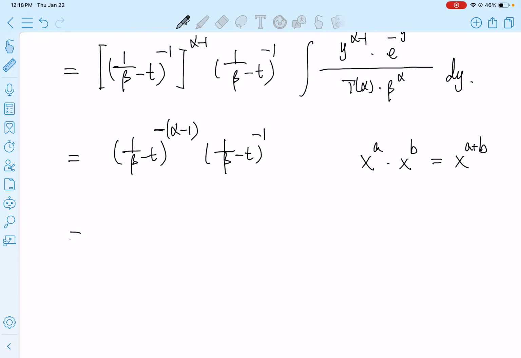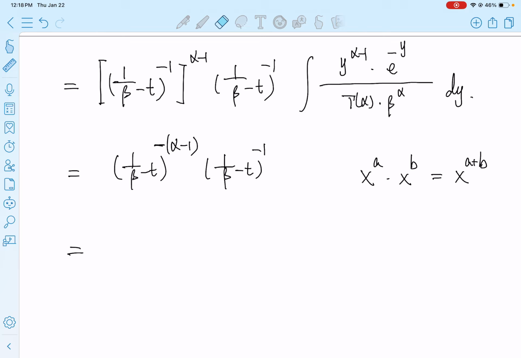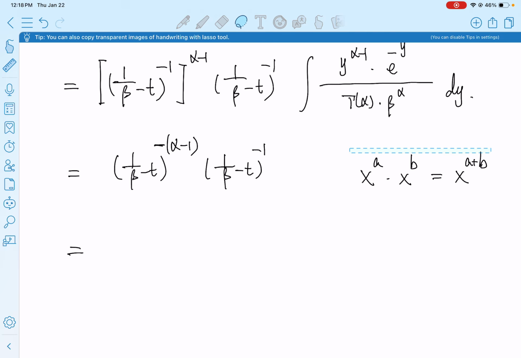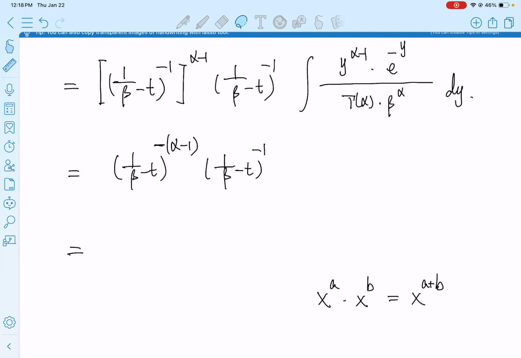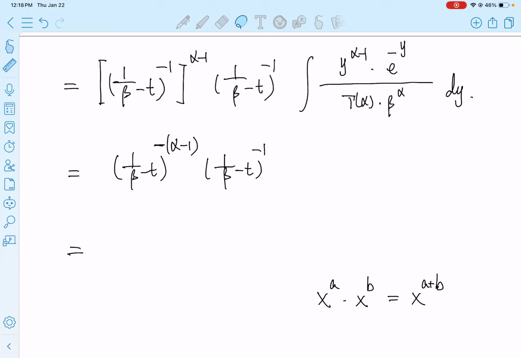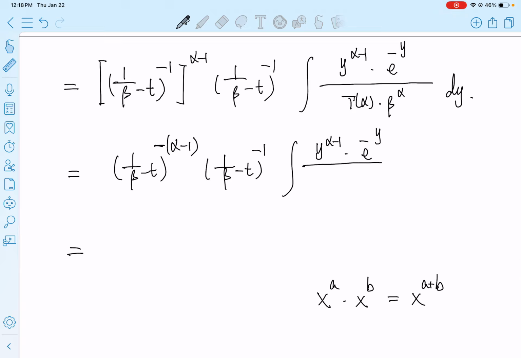So this is saying, okay, let me put it here. Then we have that integral. That's just a very simple intermediate step.